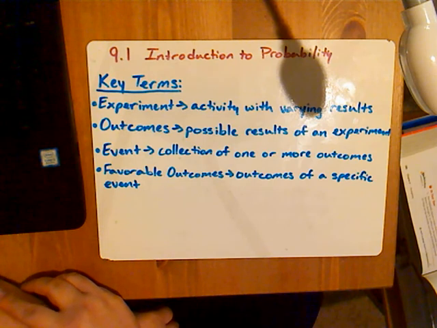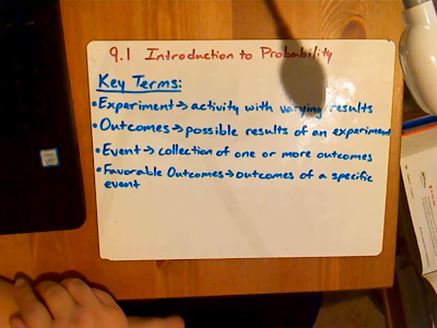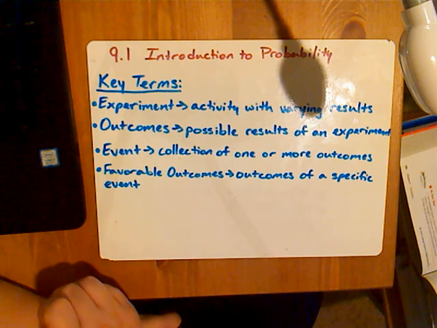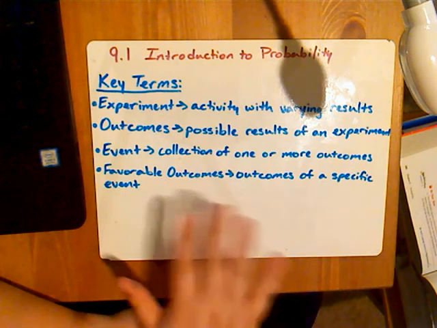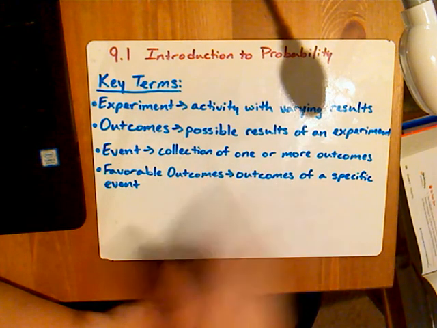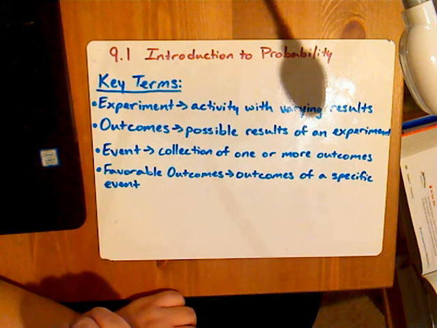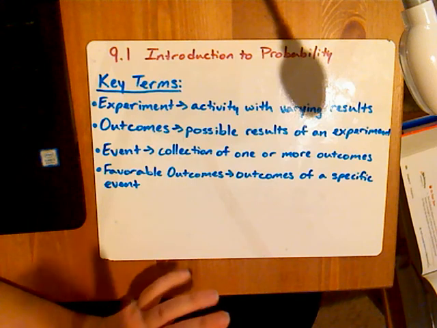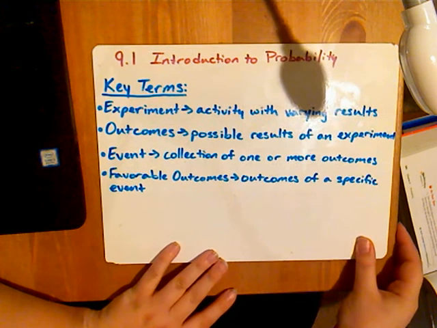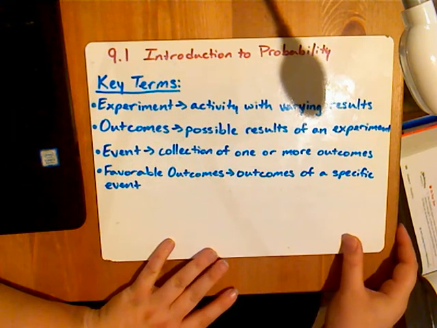An event is a collection of one or more outcomes, and favorable outcomes are outcomes of a specific event. I'll have an example that shows how these terms are used, so you can see what it is.